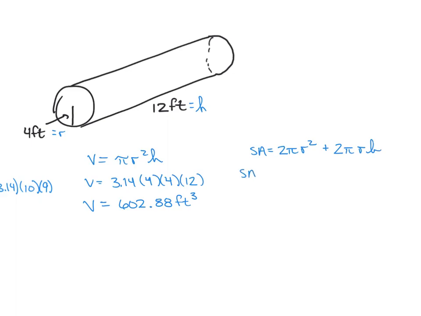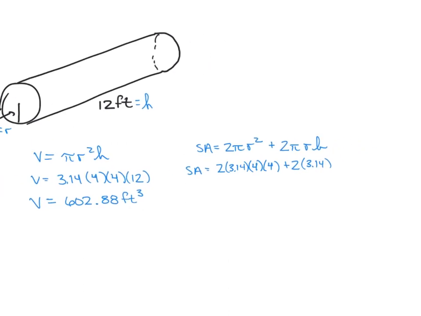If we plug in, we get 2 times 3.14 times 4 squared, or 4 times 4, plus 2 times 3.14 times 4 times 12.